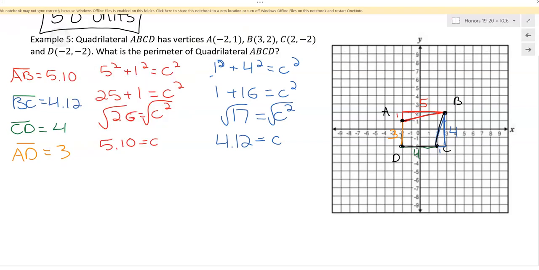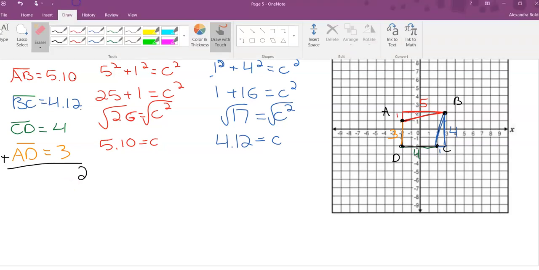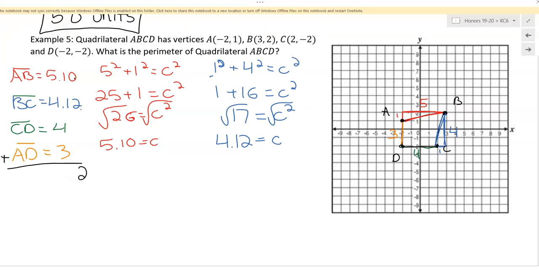And my final step with perimeter is just adding them all up. 0 plus 2 is 2. Oh, no point yet. 1 plus 1 is 2, and then 5 plus 4 is 9, plus 4 is 13, plus 3 is 16.